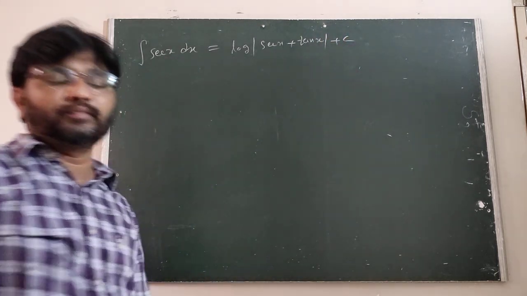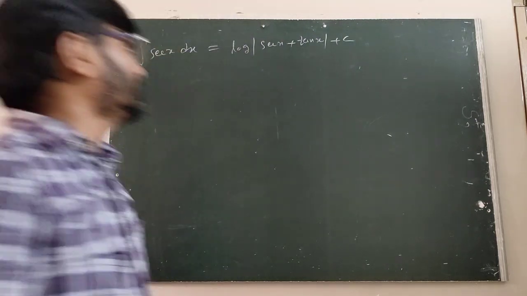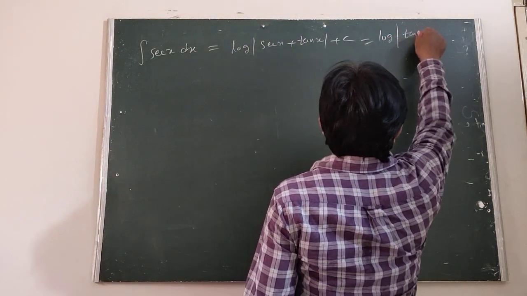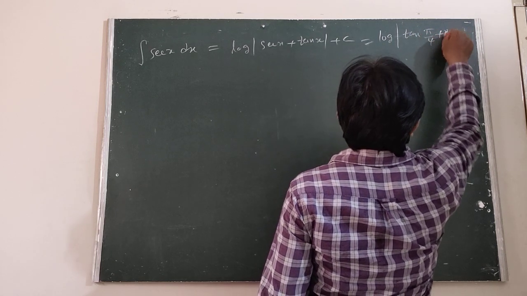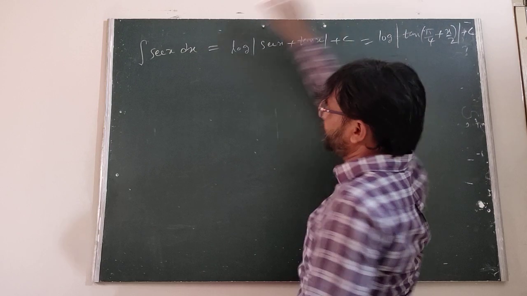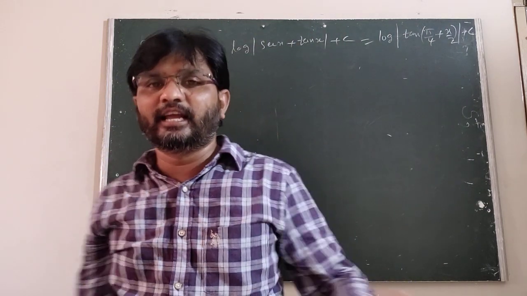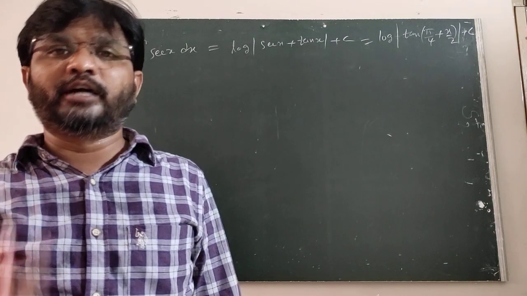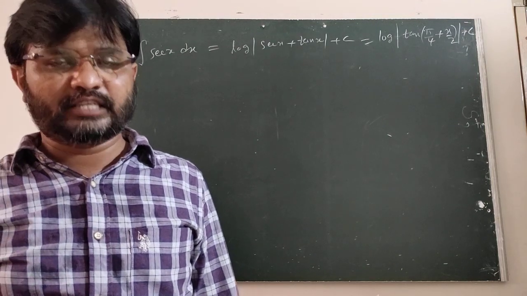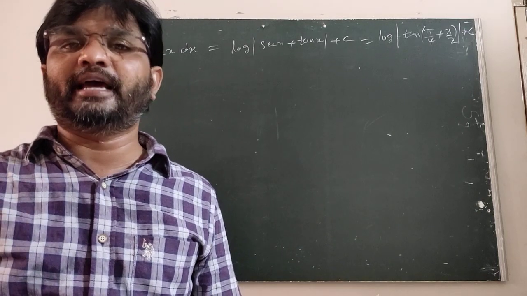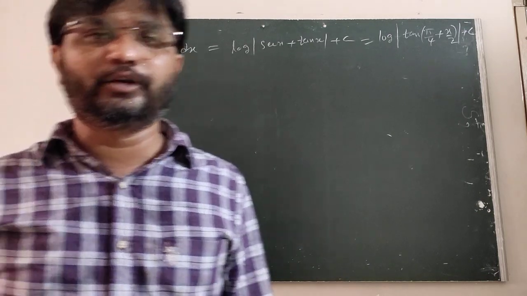This is the first form. Another form is log mod of tan of pi by 4 plus x by 2 plus c. This is the integral of secant x dx. One form is log modulus of secant x plus tan x plus c, and another one is log mod of tan of pi by 4 plus x by 2.